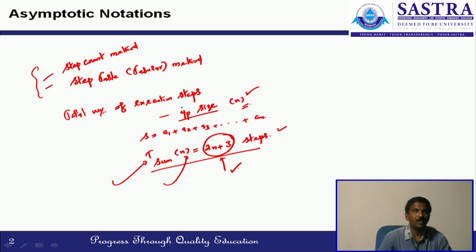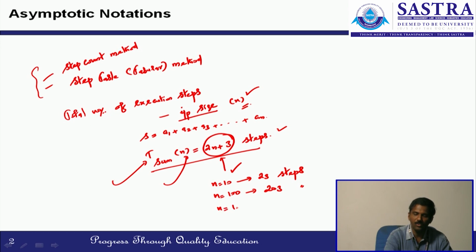Now, for a large value of n, how do we represent the computing time of an algorithm? That is our question. For a smaller value of n, no problem. When n is equal to 10, we can say 20 plus 3, that is 23 steps are required. When n is equal to 100, 203 steps are required.